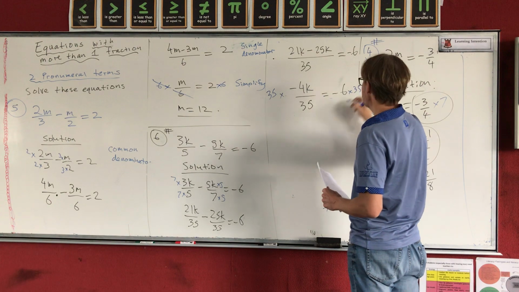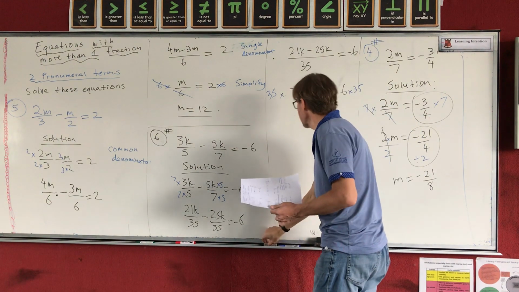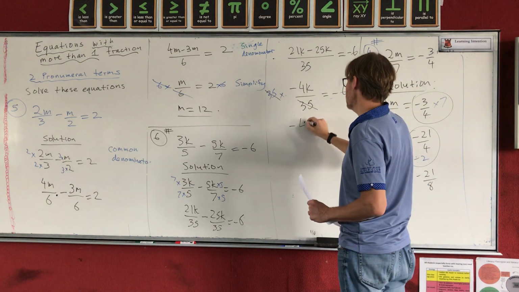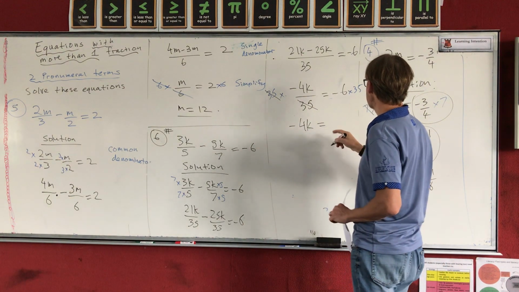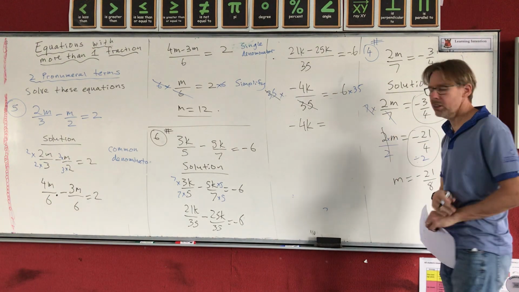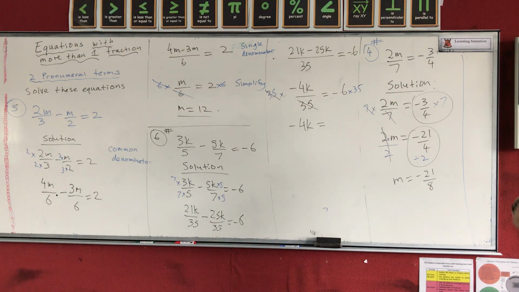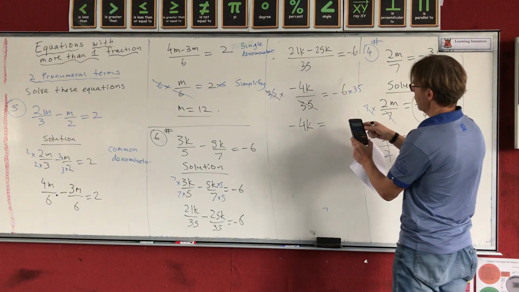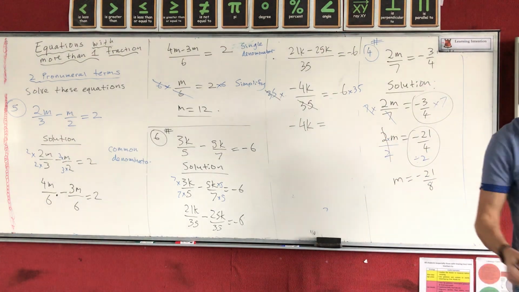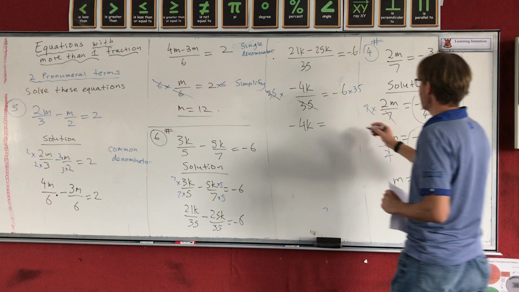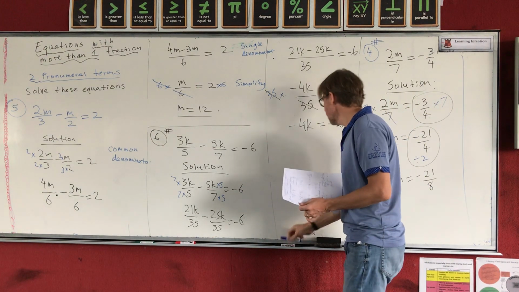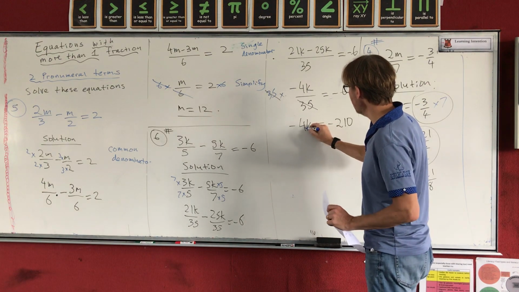Rightio. Next step, get rid of the denominator here, so times by 35. Okay, so cancel numerator with denominator. Minus 4k equals, now 6 times 35, get your calculator out for that. You should get negative 230, but you don't want to make mistakes with this, so minus 6 times 35, it's negative 210 actually, not negative 230, negative 210, and then last step, now don't forget there's a times sign here.